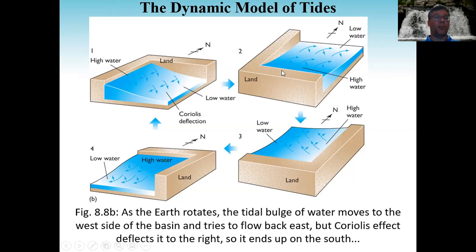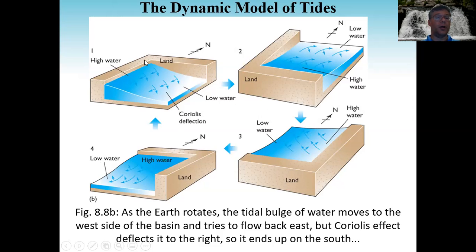Once again, we've piled up water. It's going to try to drain away, this time heading north, and the Earth's still spinning. So it ends up off to the east instead. Extra water to the east tries to drain west, Coriolis, and it ends up heading north. Extra water to the north tries to drain south, but Coriolis spins it off once more to the west.